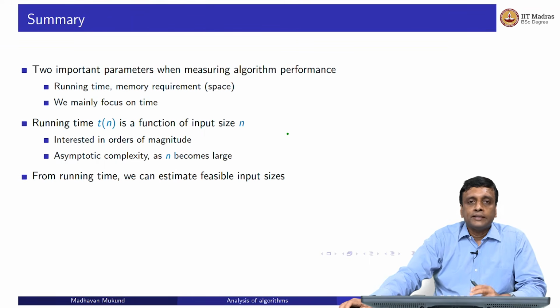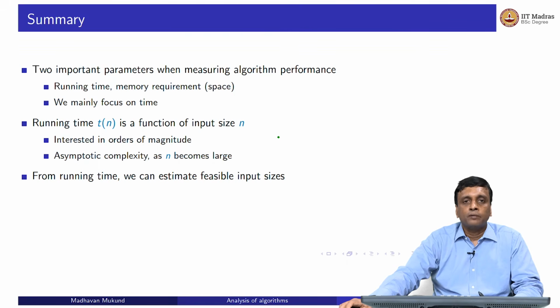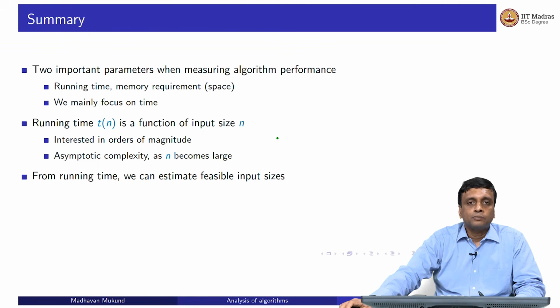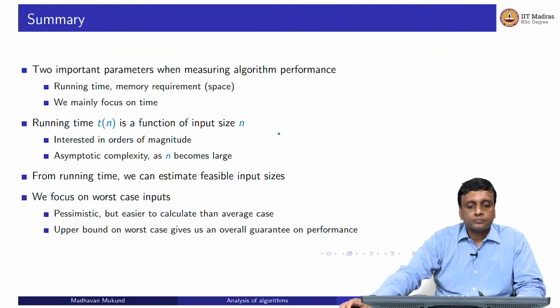One of the things we saw in that table was that if we know something about the upper bound on the running time of the algorithm, it also tells us for what classes of inputs it will be feasible. So it's a very important part of using an algorithm to be able to tell what its running time is, because only when you know what its running time is will you know whether the problem you are trying to solve has a feasible solution using this algorithm or not.